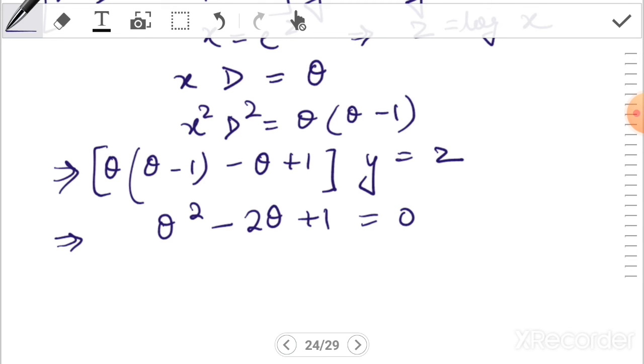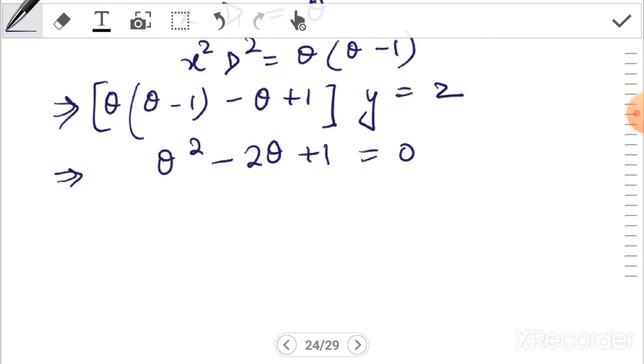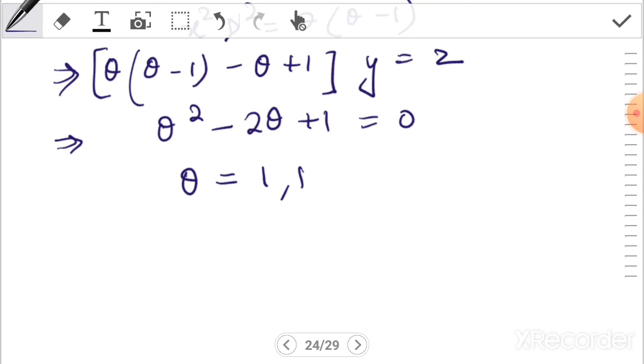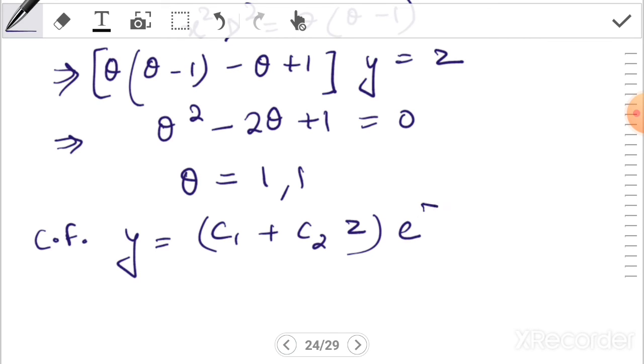So this is the auxiliary equation, and roots are theta is equal to 1 and 1. So repeated roots. Then we have the complementary function as y is equal to (c1 plus c2 times z) e power z.